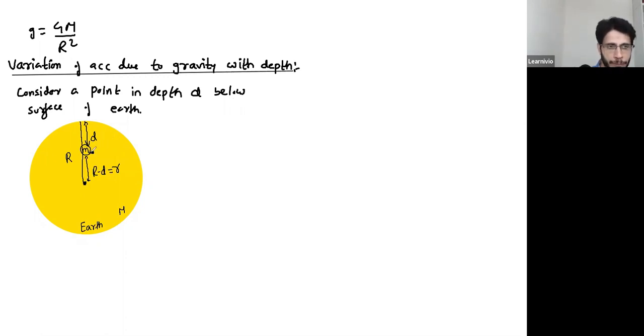If you place mass m in depth d, then the total mass of Earth will not exert force over this small m. In fact, this small m will divide Earth into two parts, two regions basically.